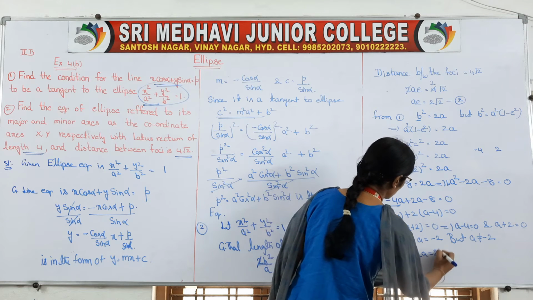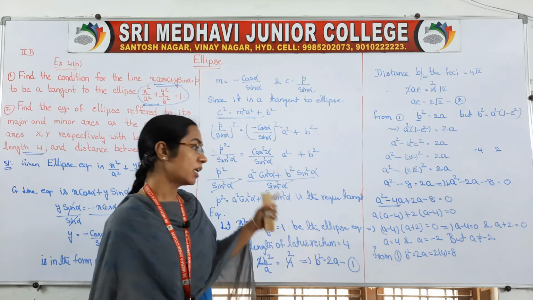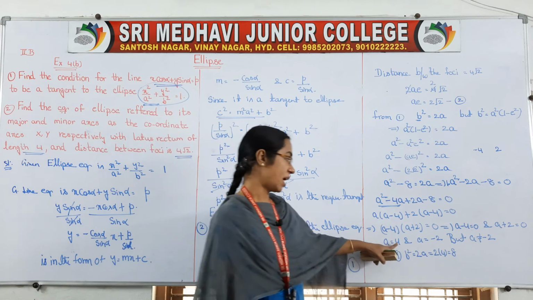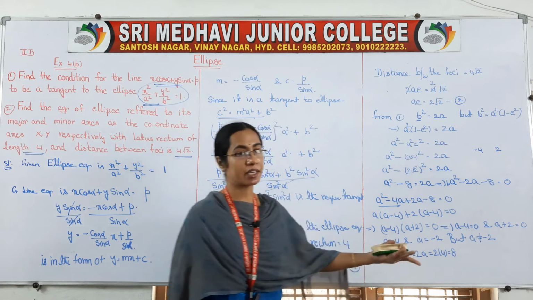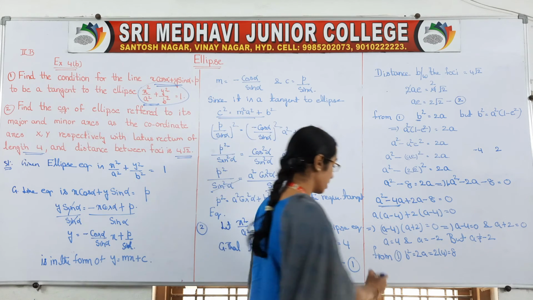2a, that is 2 into 4 is equal to 8. You got your a value as 4 and b square as 8. We can easily write the required ellipse equation.